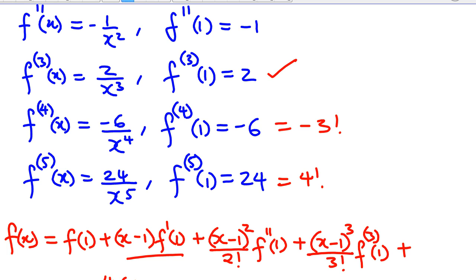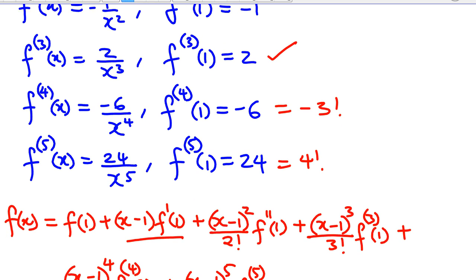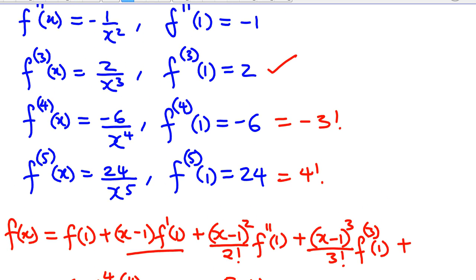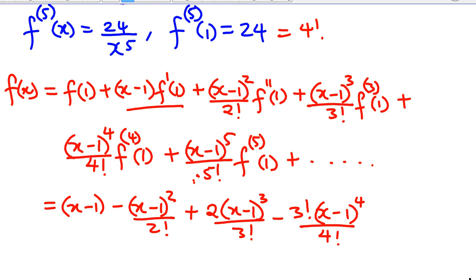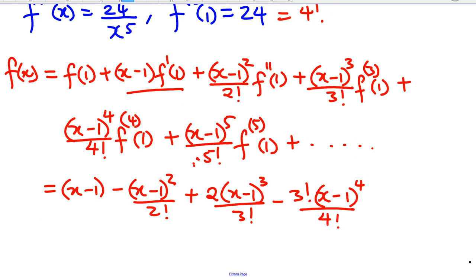I think I mentioned that previously. Especially if you have factorials in the denominator, it's easier to write the numerators as factorials. It doesn't change anything. It's a calculator paper anyway. So we carry on, and then what you have next will be plus 4 factorial times x minus 1 to power 5 over 5 factorial.